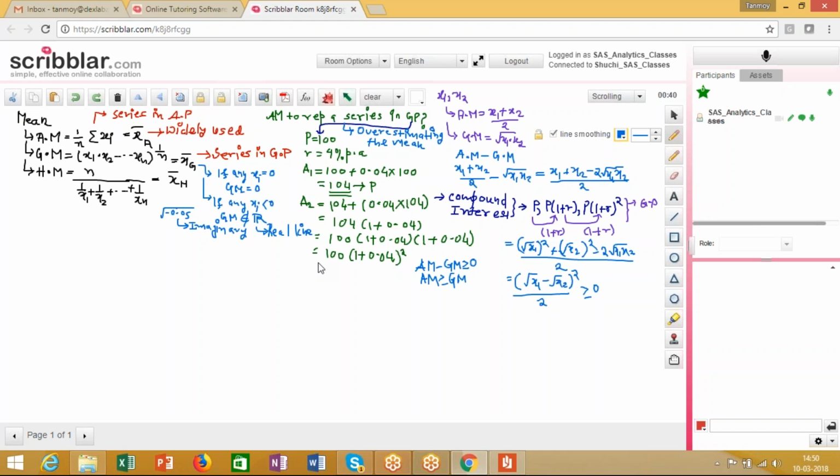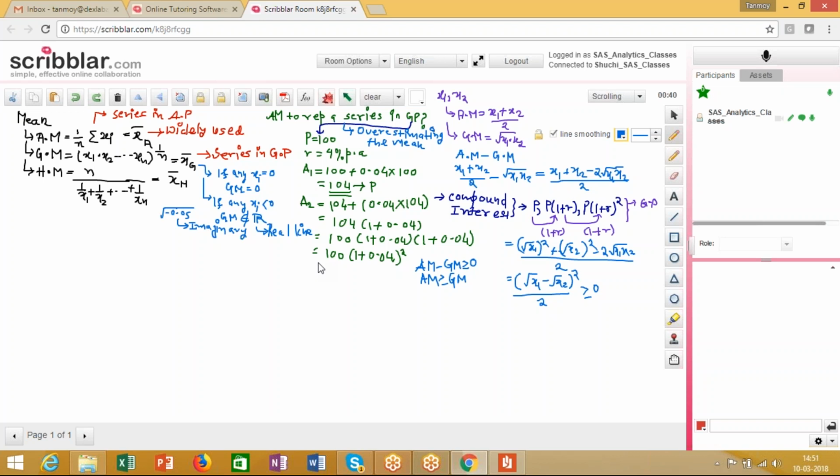So when you want to create an average of such values, harmonic mean is what is used. Now, harmonic mean as an averaging measure has a very important characteristic.